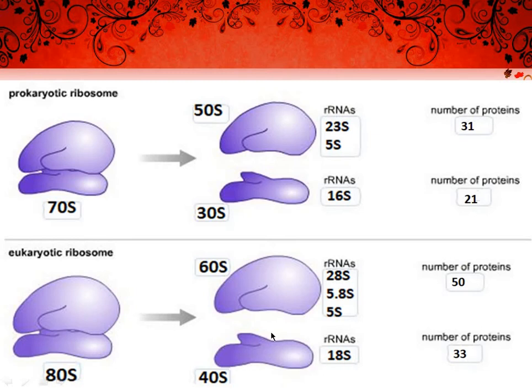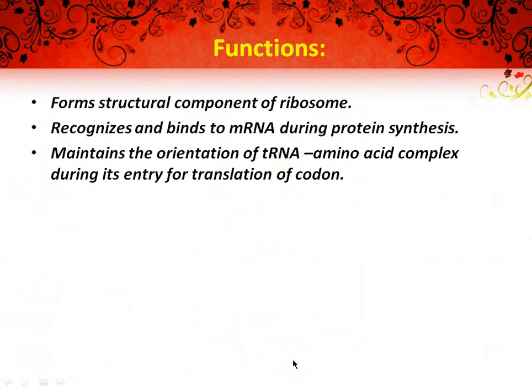So thus, the ribosomal RNA forms the main component of ribosomes, and its main function is to form a structural component of ribosomes. It recognizes and binds to the mRNA during protein synthesis, and it maintains the orientation of the tRNA amino acid complex during its entry for translation of codons.